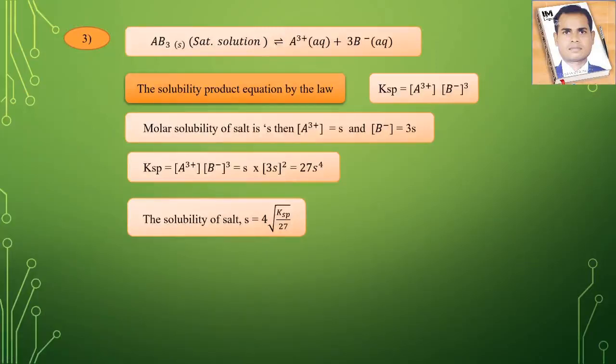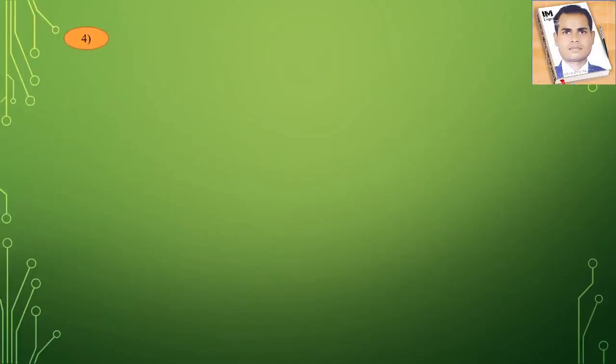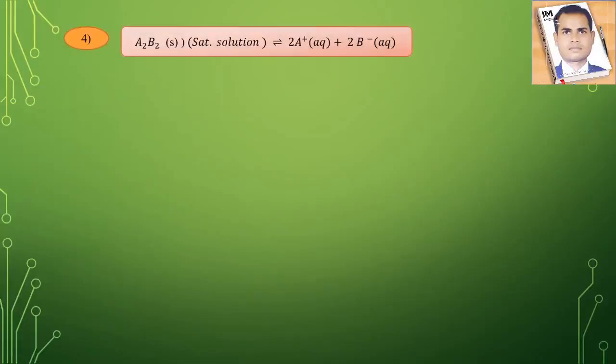Now we have to see the next salt, the A2B2. You will see the dissociation for this salt: 2A plus and 2B minus, all in aqueous form.